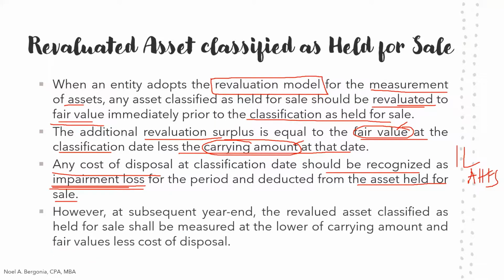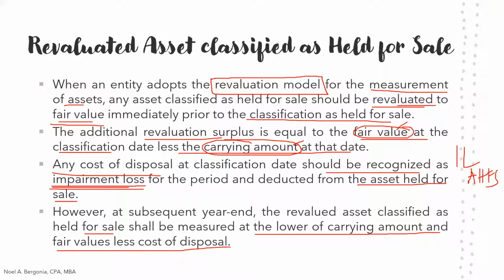Then, however, in the subsequent year, the revalued asset classified as held for sale shall already be measured at the lower of carrying amount and fair value less cost of disposal. So that is our additional reminder regarding the revalued asset classified as held for sale.